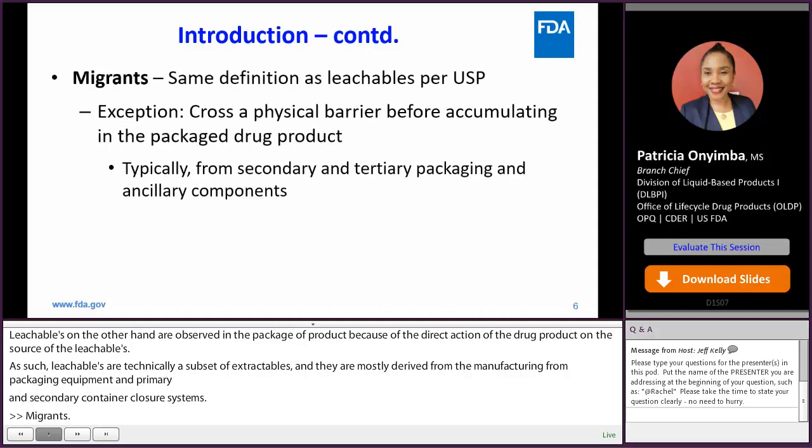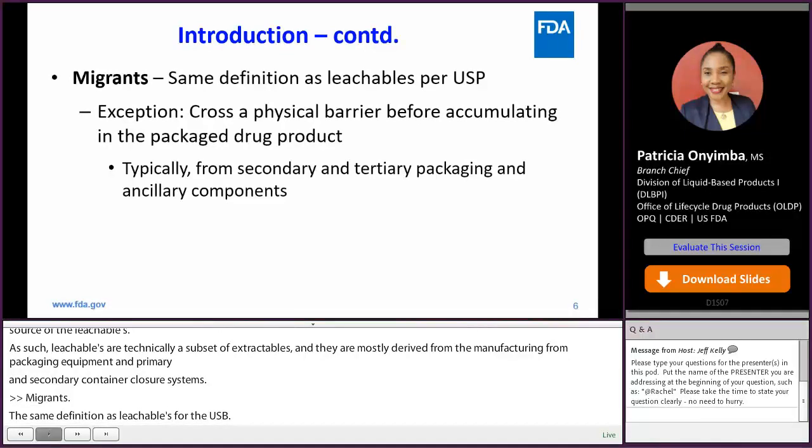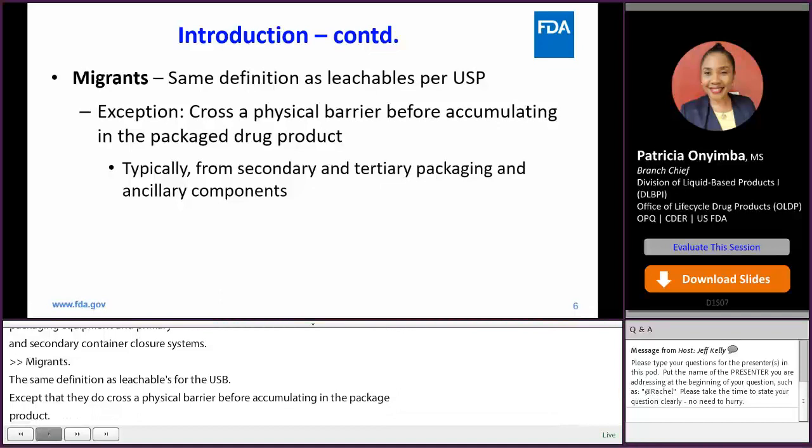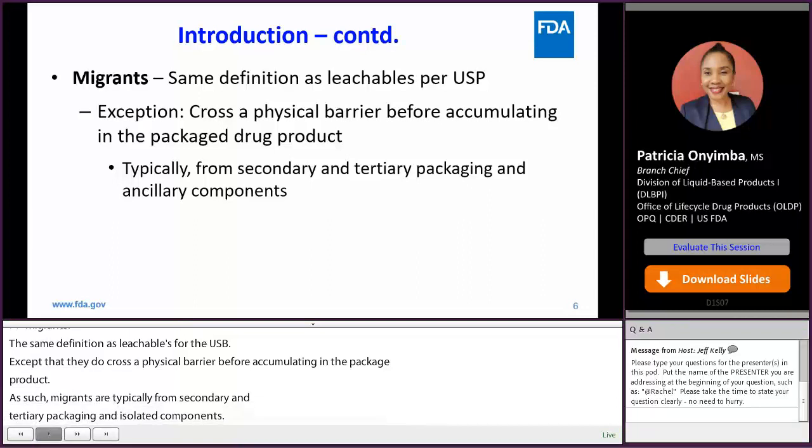Migrants have the same definition as leachables for the USP, except that they do cross a physical barrier before accumulating in the packaged drug product. As such, migrants are typically from secondary and tertiary packaging and ancillary components.